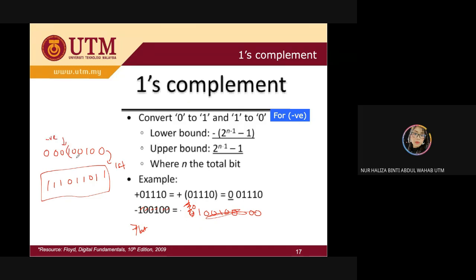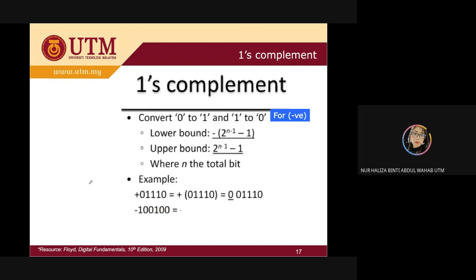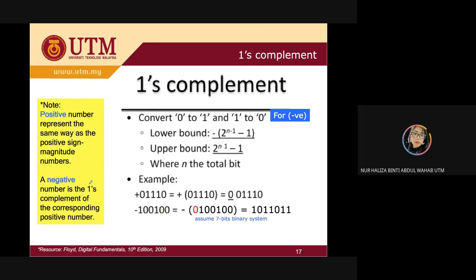Let's say whatever value is over here, I don't know, assume this is 20, negative 20. You just change it using the first complement method just to make sure this is a negative value. Is it okay for now?